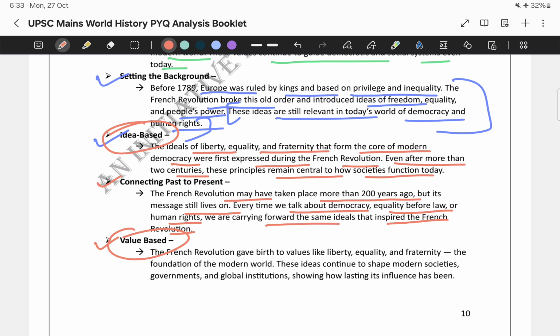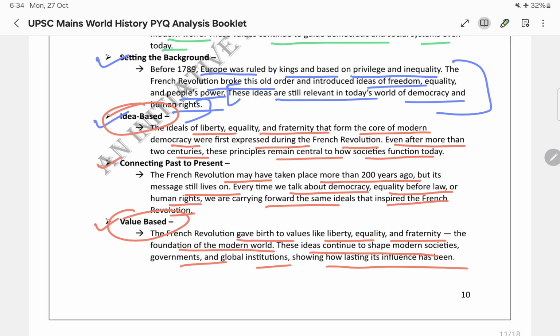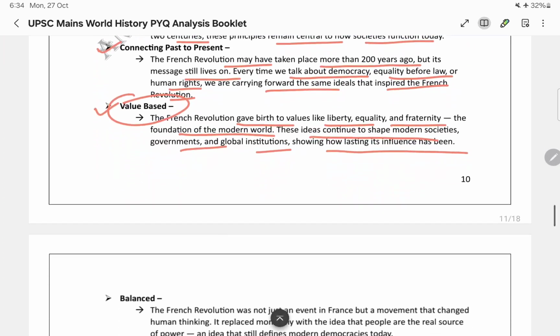You can simply write that the French Revolution gave birth to values like liberty, equality and fraternity, the foundation of the modern world. These ideas continue to shape modern societies, governments, and global institutions, showing how lasting its influence has been. So, these are a few of the ways based on which you can introduce your answer.